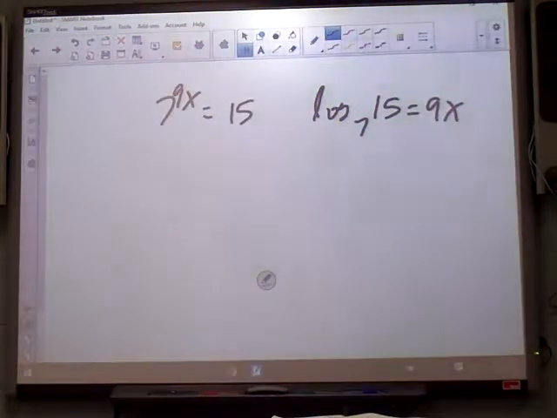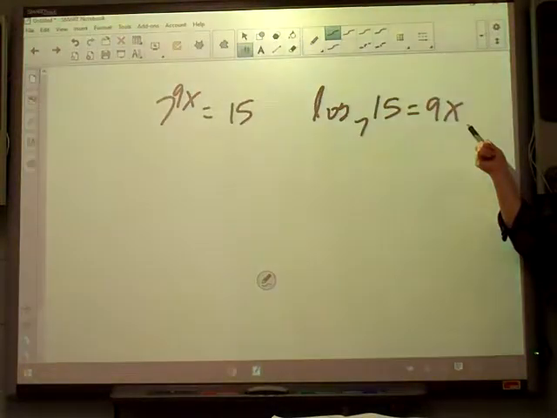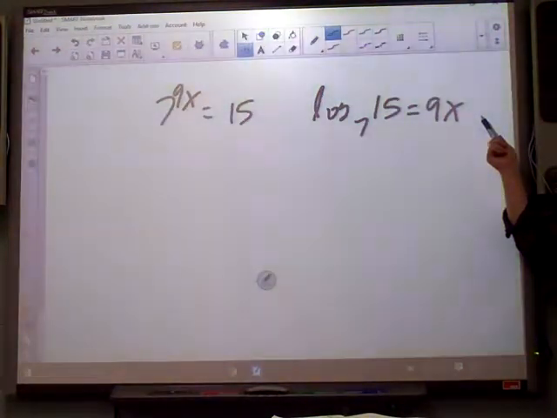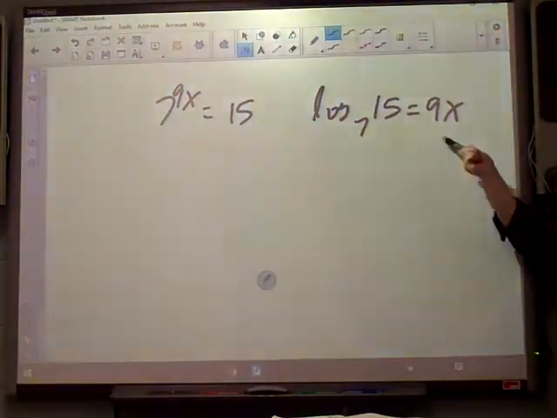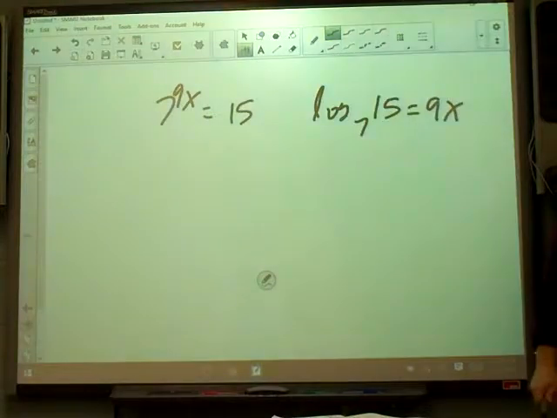So you're still going to start it the same way, but when you get done, that'll be what 9x is. So then what would you do? Austin, go divide by 9, because my x is being multiplied by 9. So go ahead and tell me what log base 7 of 15 is, and leave it on your calculator.